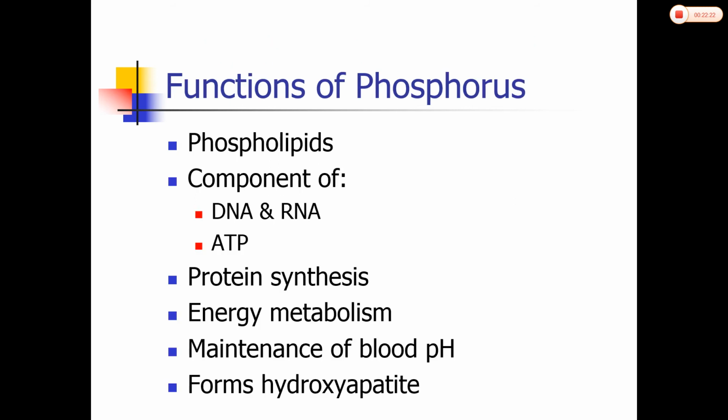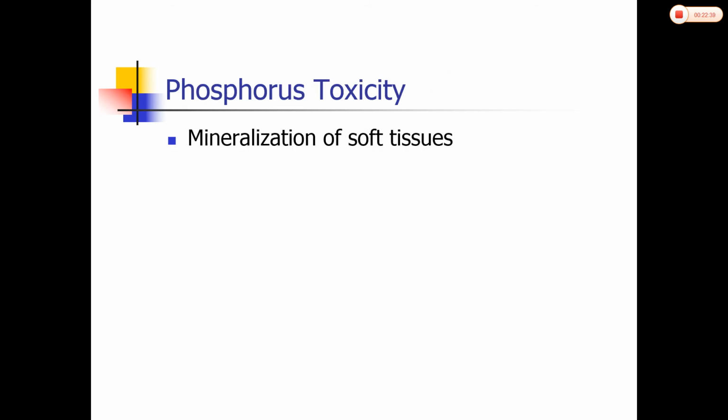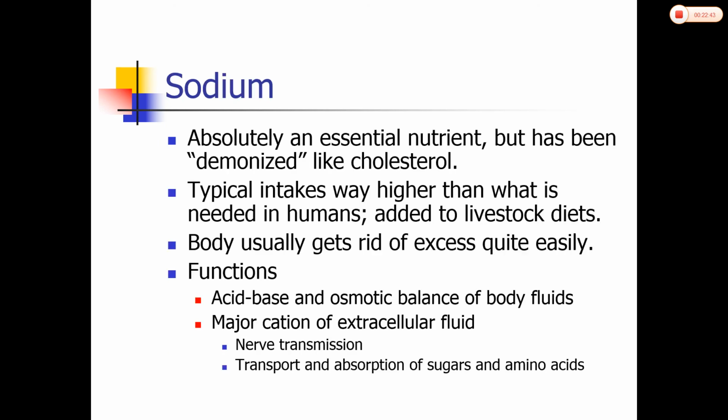So the functions of phosphorus are that they are an important component of DNA and RNA, ATP, the phospholipids. They're important in protein synthesis by phosphorylation of proteins, the energy metabolism. They maintain the blood pH, and they form hydroxyapatite. The phosphorus toxicity is due to their deposition in the softer tissues.